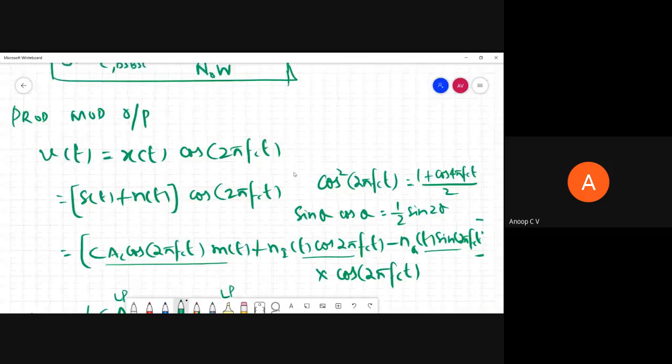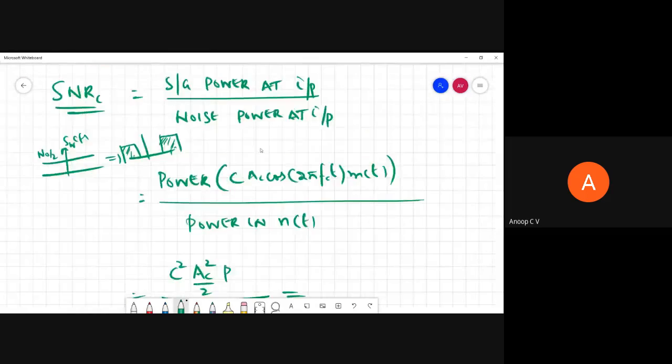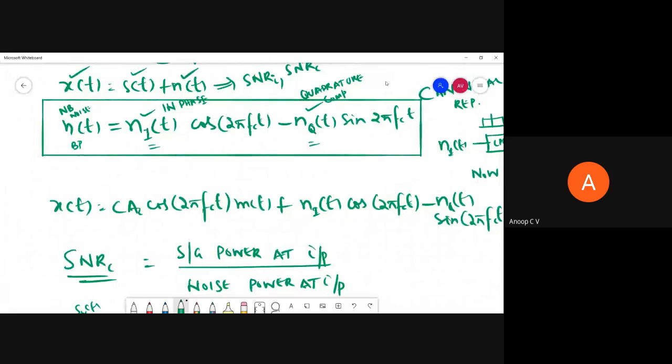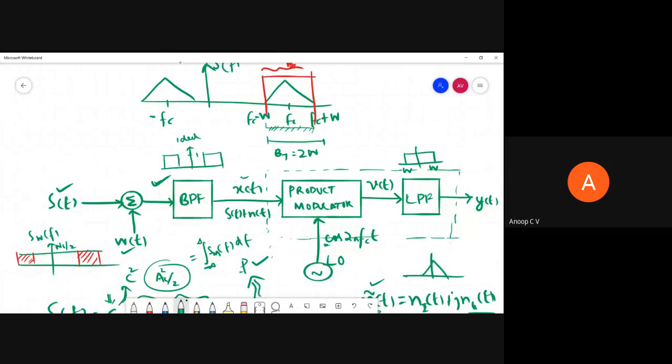You are evaluating channel signal to noise ratio before the band pass filter. So the noise power will be N naught W.